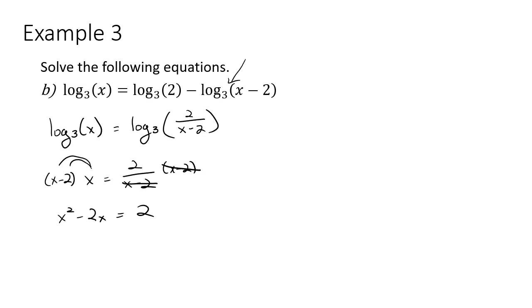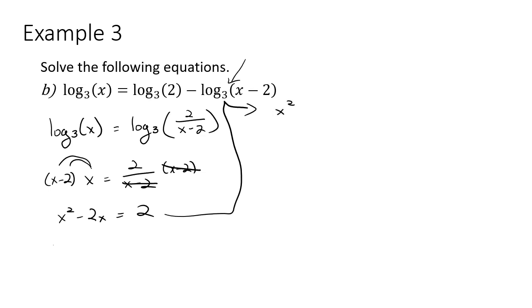Now I could subtract the 2 over to the left-hand side, set it equal to 0, but we would find that this is one that doesn't factor. So our choices now are either completing the square or the quadratic formula. Because the coefficient of x squared is 1 and the coefficient of x is even, I'm going to use completing the square here because this is going to be a pretty straightforward problem.